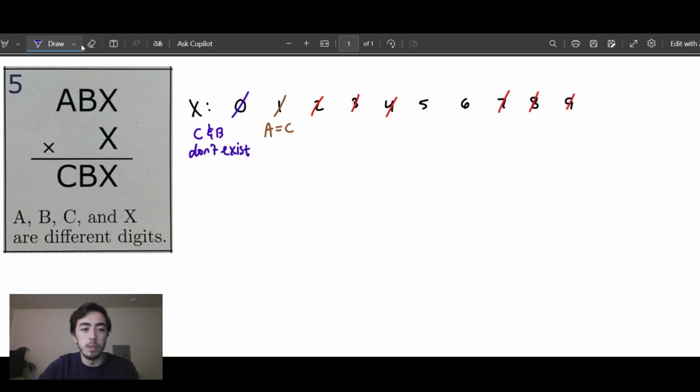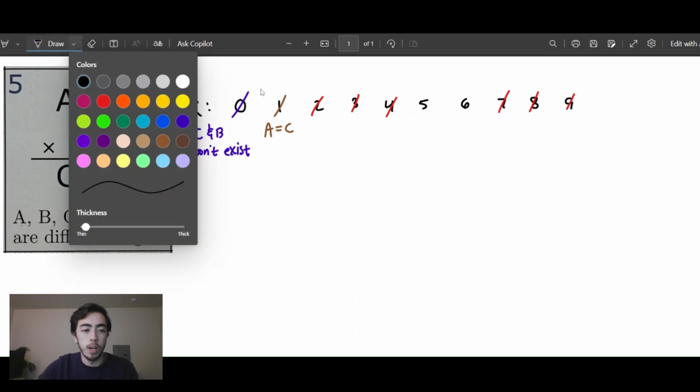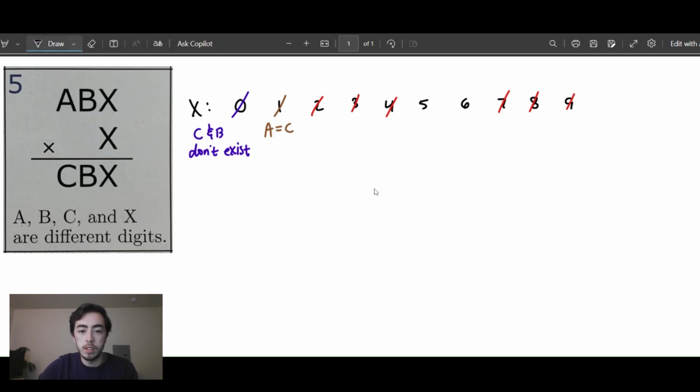Okay, so like I said, I want to attack the 6 first before I get around to the 5. Let's try what happens when x is 6. And I said earlier, 6 times 6 is 36. So I'm already going to have this 3 to carry over. And I need to make sure that b is the same digit as b.